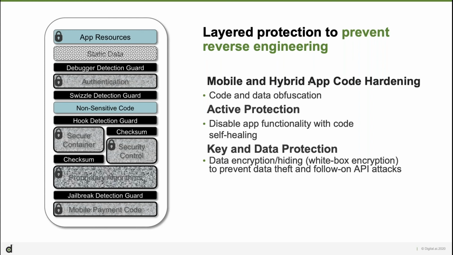Now, the other piece of that, we've addressed the reverse engineering aspect, but now what about tampering? What about the ability for an attacker to modify an app? And that doesn't necessarily mean patching it on the disk and then running it. There are also ways to dynamically modify an application as it's running. A very common tool for that purpose is called Frida.